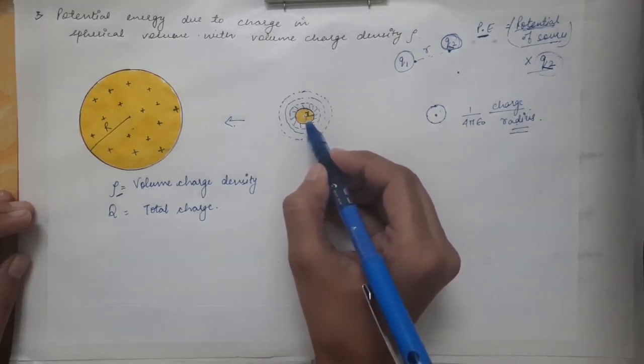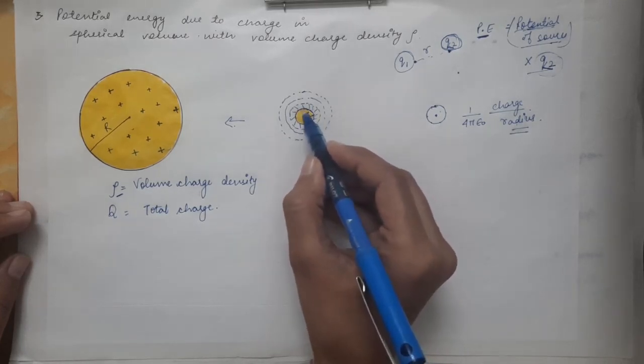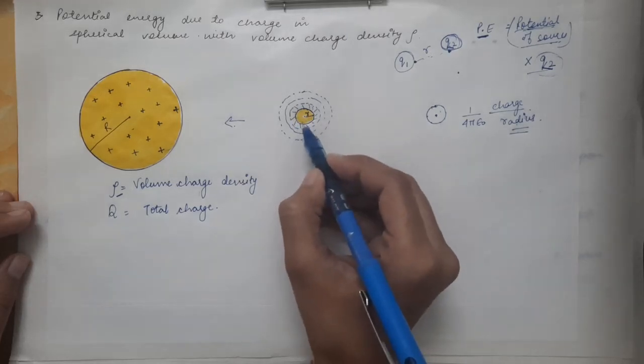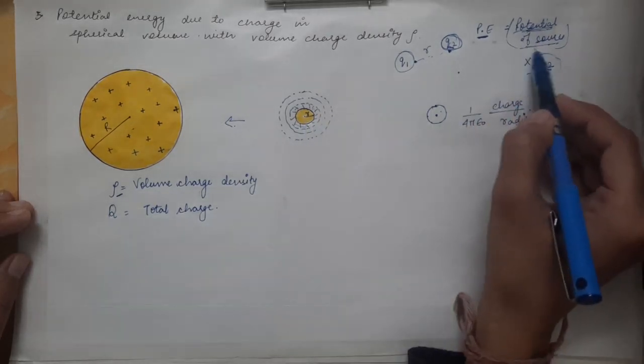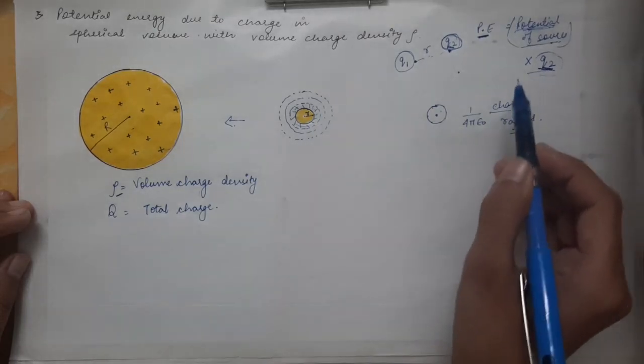So we will find the potential of this source charge at the point where you are placing the next charges, and we are placing it on the surface of this yellow sphere. So now we are going to find the potential of the source charge on the surface of this yellow sphere, and we will multiply with the charge which we are placing.